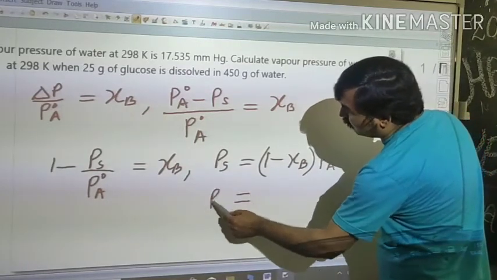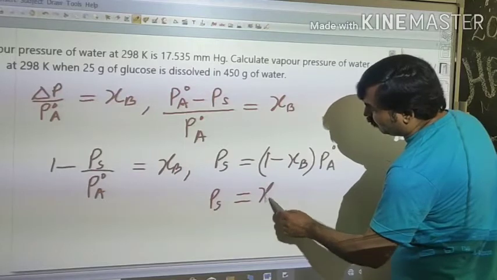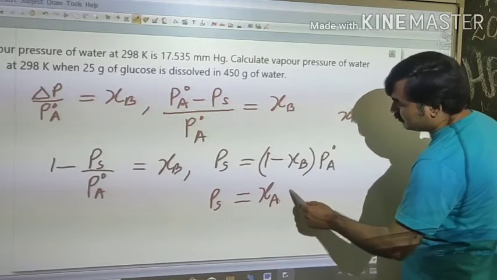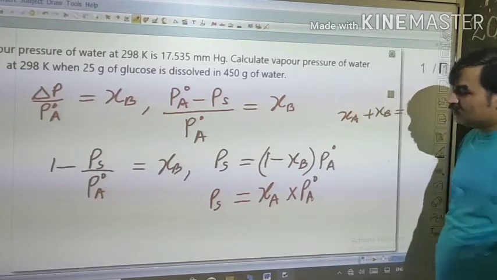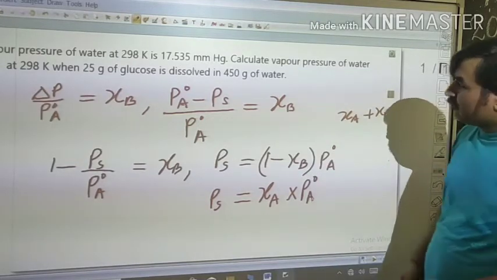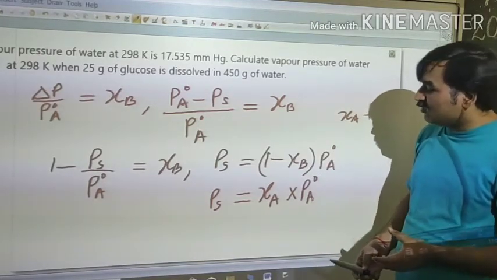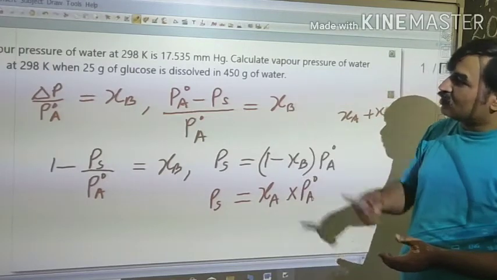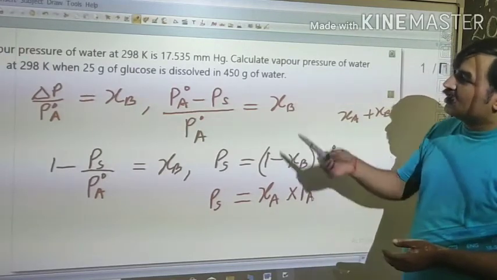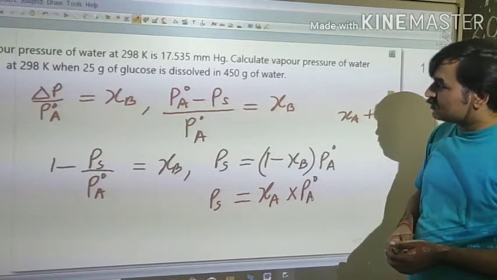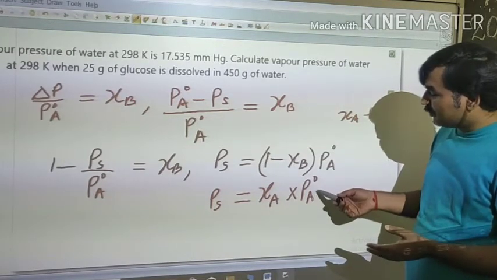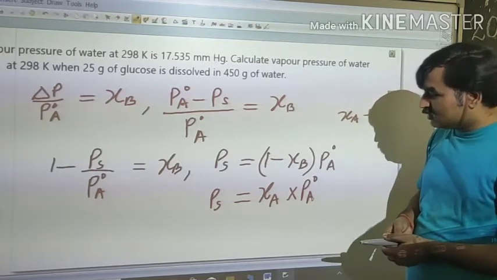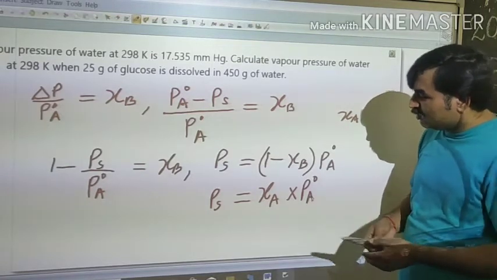So it will be equal to mole fraction of solvent into P naught A. So now you are given the gram mass of glucose, gram mass of water, and vapor pressure of pure solvent.